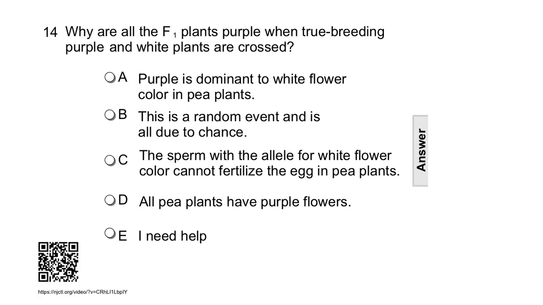So why are all the F1 plants purple when true bred purple and white plants are crossed? Okay, I just did the cross. All of them are going to be big P, little p.